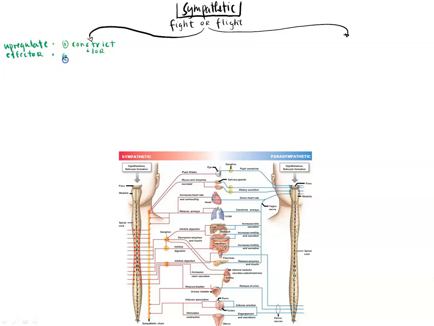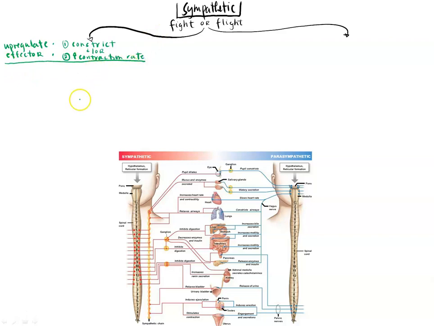This is a generic scaffolding to start off with. That's what happens when the sympathetic nervous system upregulates an effector.